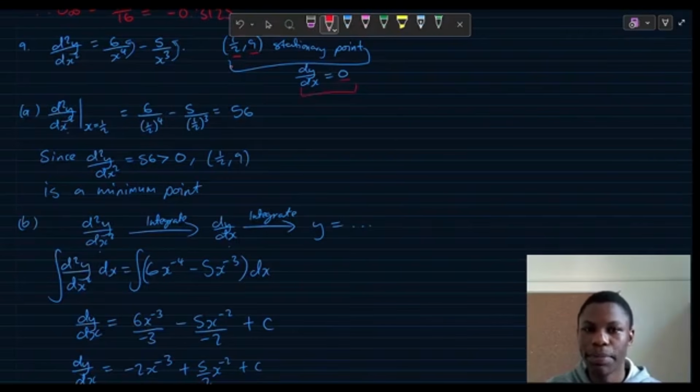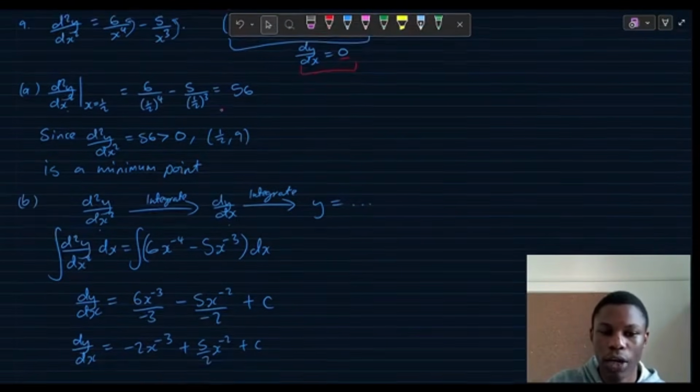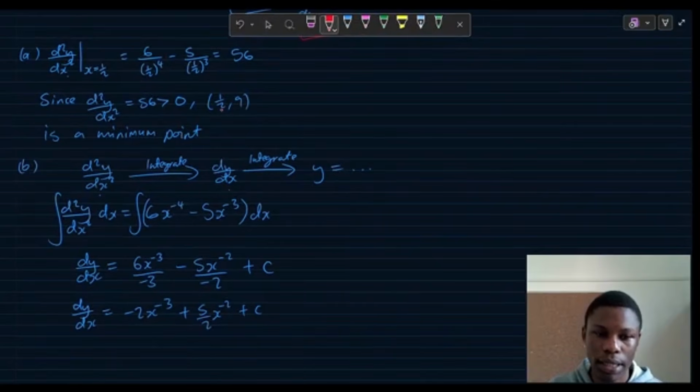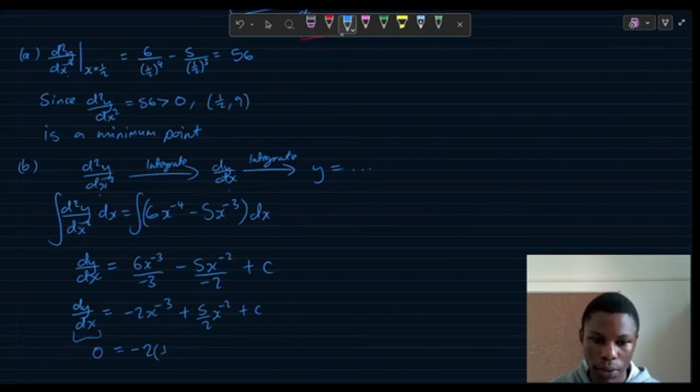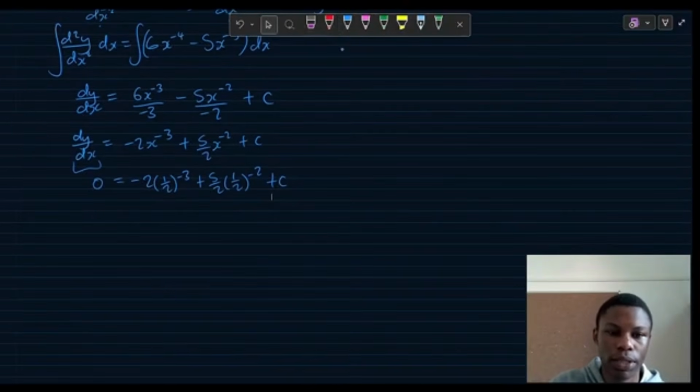We can use that bit of information to help us find our constant. So we know that our dy dx is 0 when x is equal to 1 over 2. So 1 over 2 to the negative 3 plus 5 over 2, 1 over 2 to the negative 2. Again, because it's a stationary point, dy dx has to be 0.